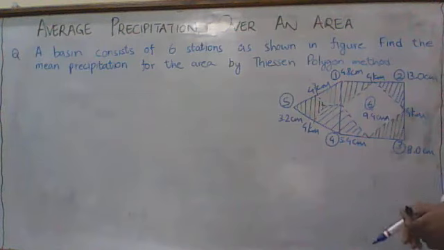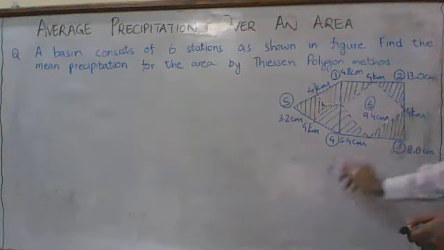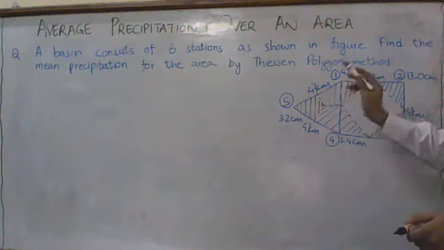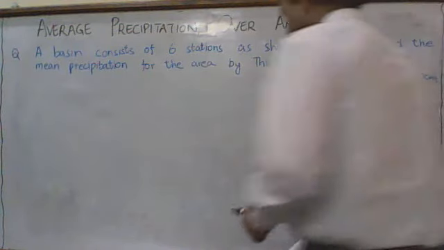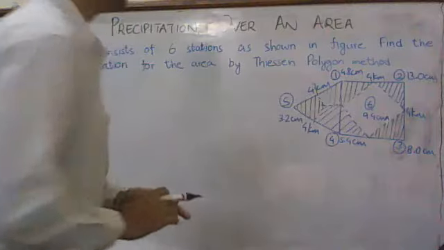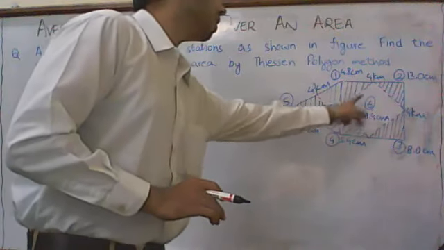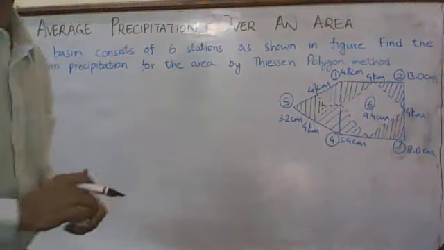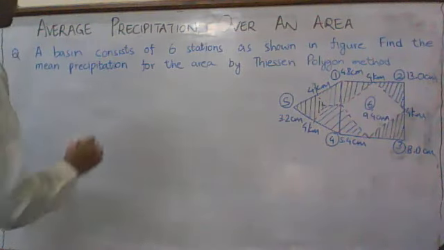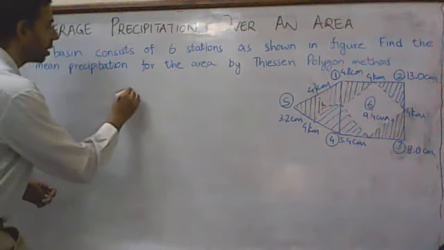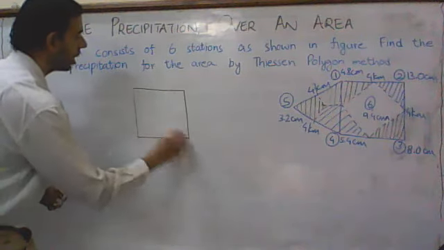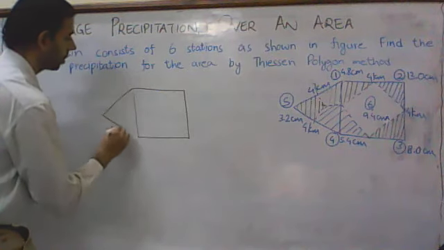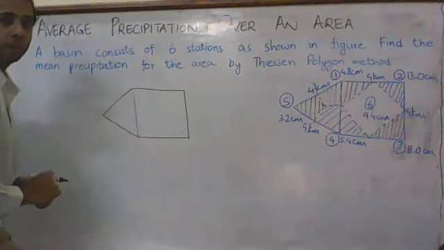Now, you know the values of precipitation of each station and you know the influence area. You just need to calculate the influence area values, the surrounding area of each station. Now, if we need to find the area of station 1, how will we find that out? First we need to consider this square and this triangle portion.